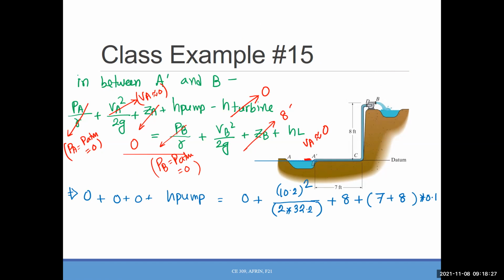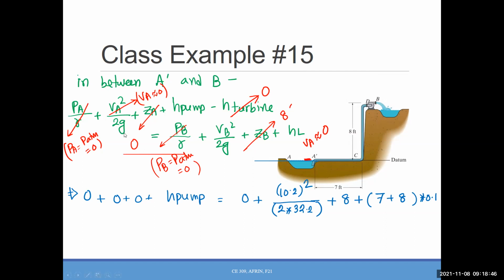Okay, so we applied that, and for each term, we tried to identify the value. We discussed, or you already know, that if any surface is open to atmosphere or water is discharged into open atmosphere, the gauge pressure will be 0, right?